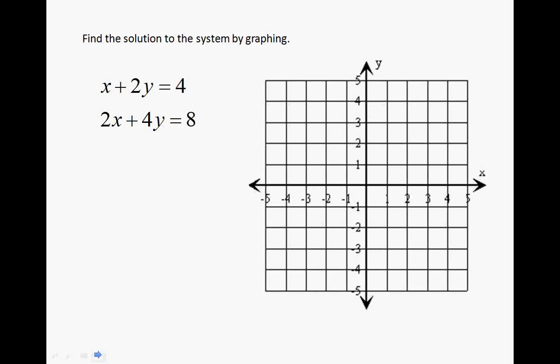This next system is kind of similar. Try graphing them. I'm going to try graphing them using the x and y intercept method. So for the first one, the x-intercept means that I'm going to put in 0 for y and solve for x, which would give me that x is 4.